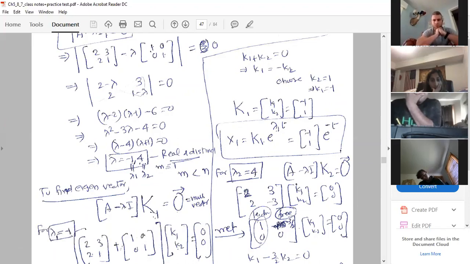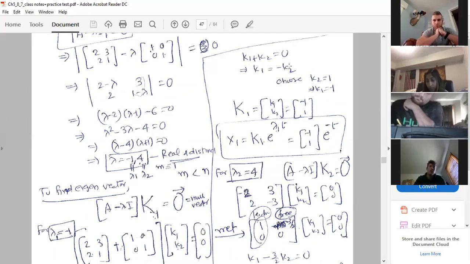Free element means you are allowed to choose different values of K1 or K2, whatever it may be. Suppose I choose, you can choose any value. Always try to choose some non-zero values. Sometimes 0 also, depends, right? But don't go far from 0, 1 like this. 0, 1, half, 2, that's okay.